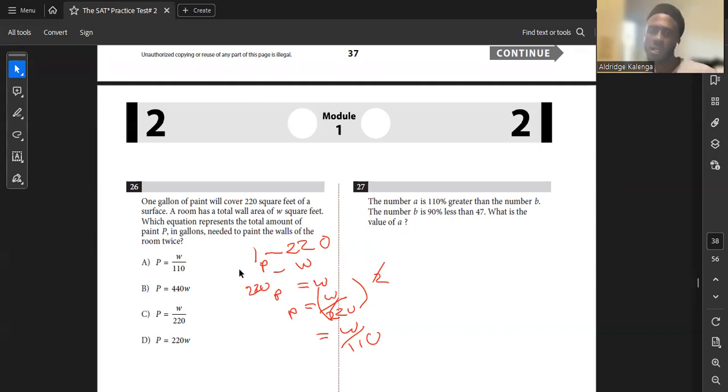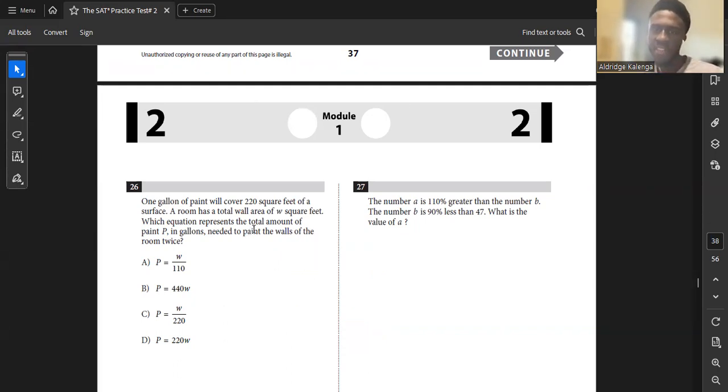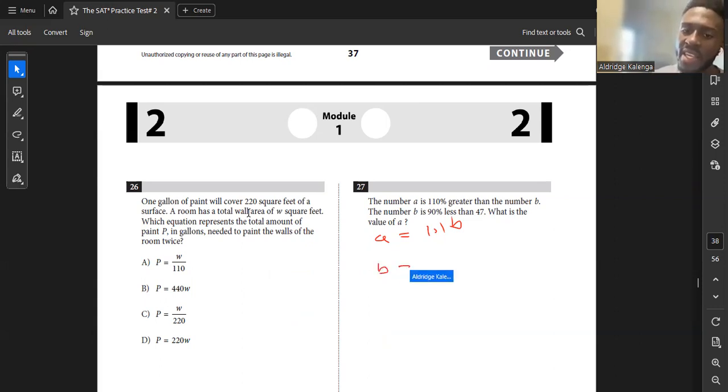All right, so we look at our last question. The number A is 110% greater than the number B. So A is 1.1 of B, basically. We just talked about this. And then B is 90% less than 47, so 0.1, all right? Because 90% less means like 10%, so it's subtracting 0.9 from 1, basically.